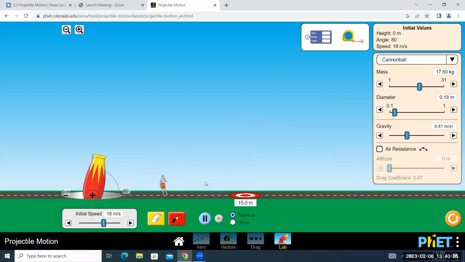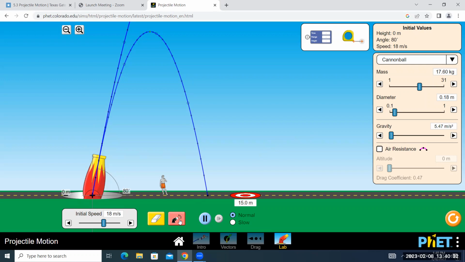If you go to lab, you can do kind of the same thing. You can also play with gravity if you go to lab. So here's the cannonball on Earth under 9.8. What if we reduce this down to 5.4? It's pretty low. Look what happens.